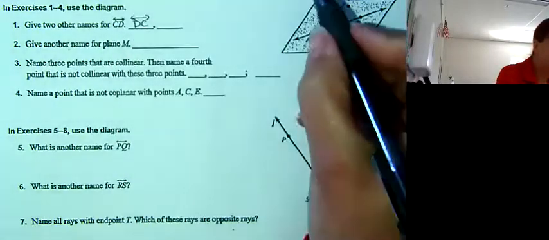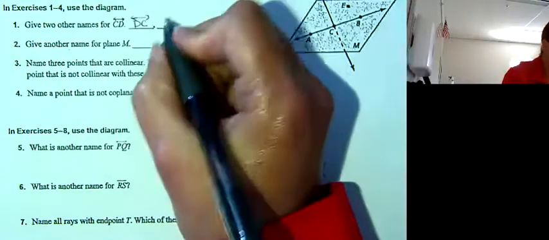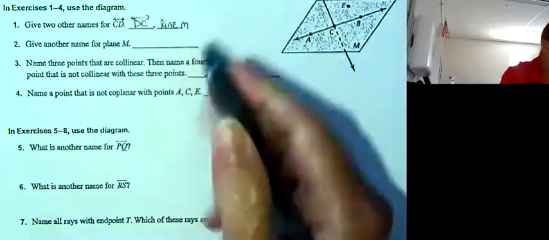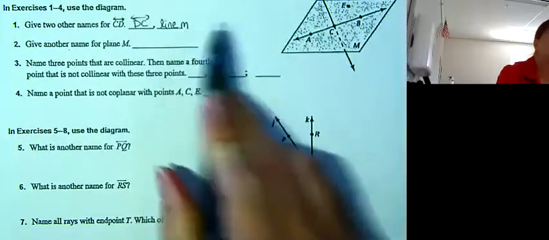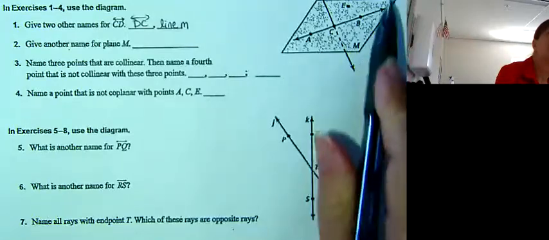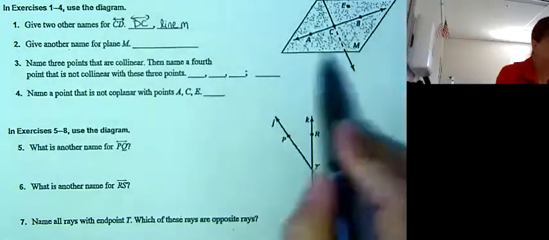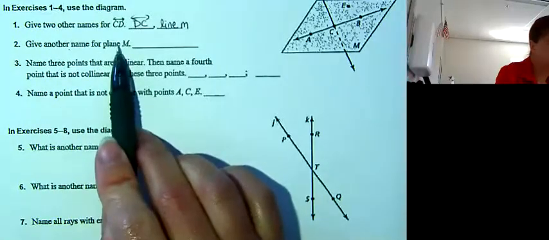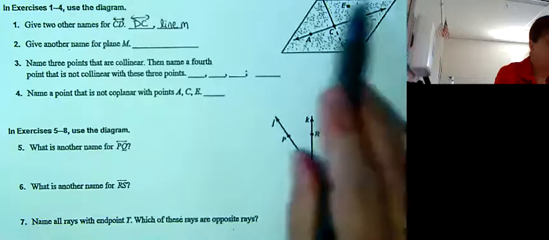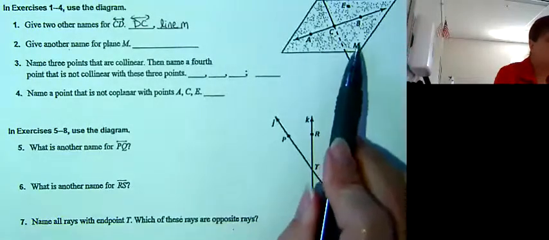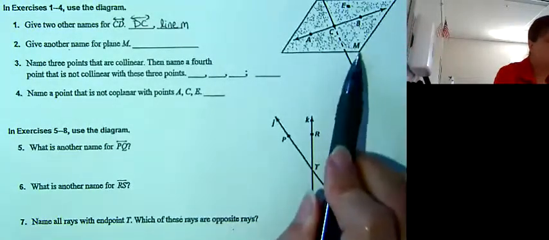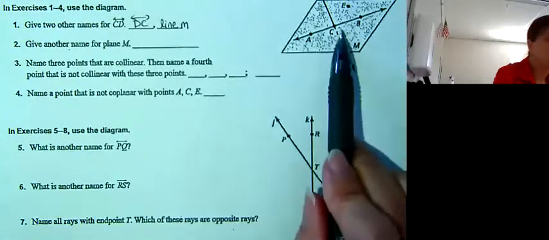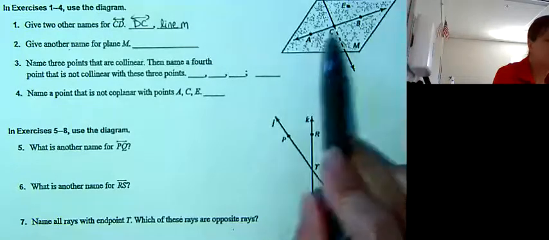And then the other thing that you notice is it has a lowercase n up here. So I could also name this line n. Notice I did make it lowercase because if I used an uppercase M, that's actually the name of the entire plane, okay, which is what they're talking about. So if I wanted to say a different name for plane M, so remember when naming a plane, if I'm not just using the uppercase letter that's in the corner, that's not a point, I have to name three other points, but they cannot be the ones that are on the same line.